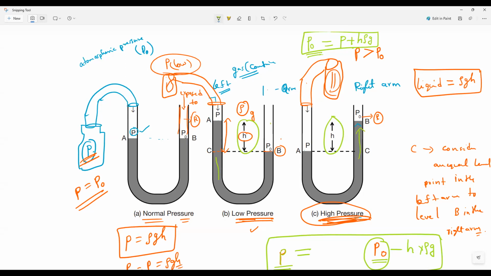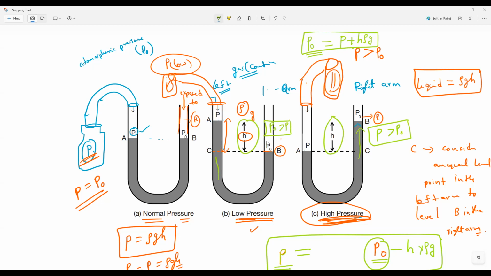Here atmospheric pressure is greater than the liquid pressure, and here liquid pressure is greater than the atmospheric pressure. So that is how the liquid will rise. So we can calculate the low pressure or high pressure.